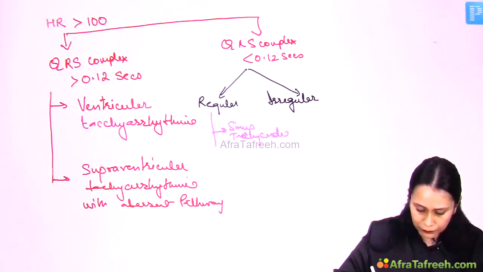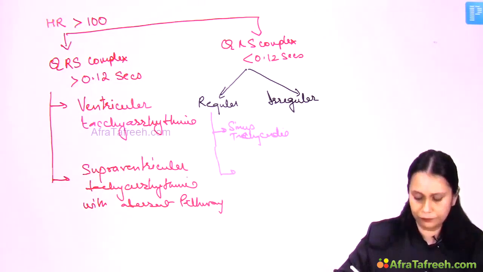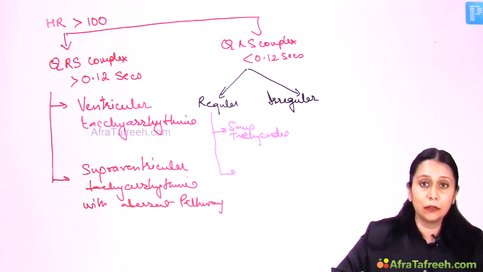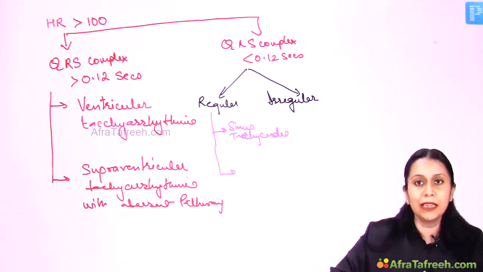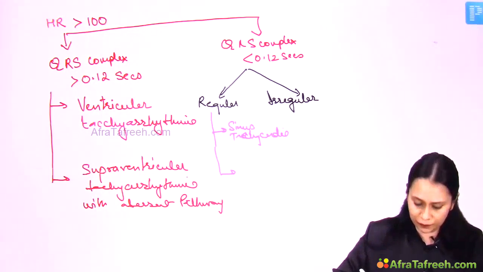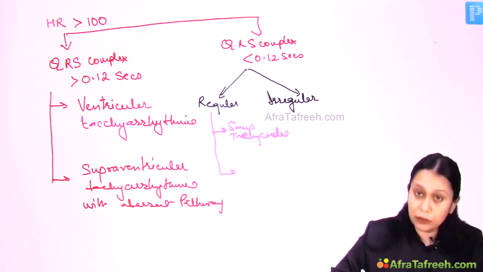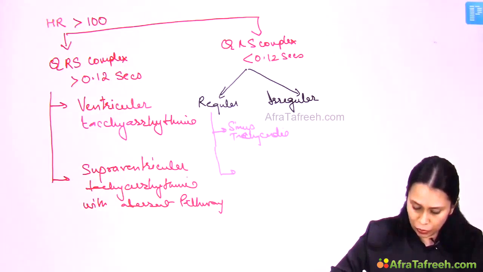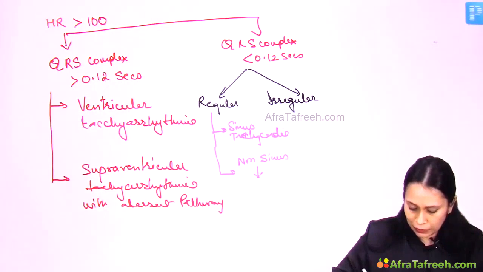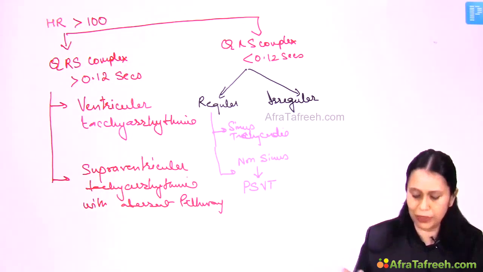And if it is not a PQRS pattern, we cannot see the P wave, but the rhythm is regular and it is a narrow complex, then it is paroxysmal supraventricular tachycardia, popularly known as PSVT. So if it is a non-sinus rhythm, then it is PSVT.